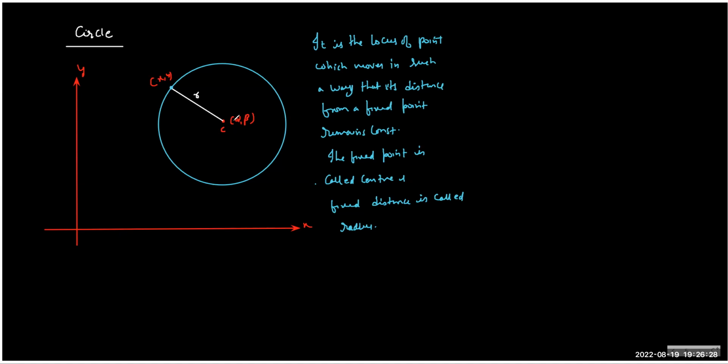Now, given 2 points, can you find the distance using the distance formula we have done in vector? So what is the distance formula? Distance r equals under root of, anybody? x1 minus x2 whole square plus y2 minus y1 whole square.